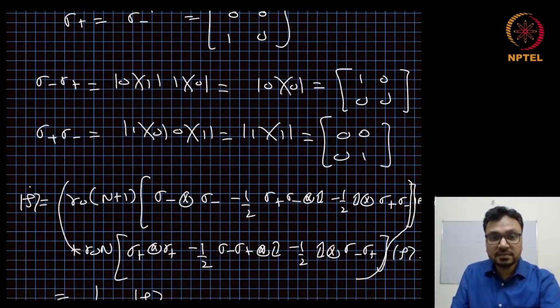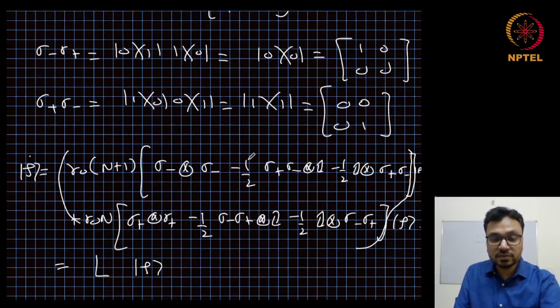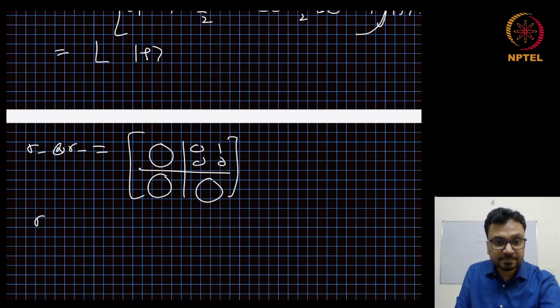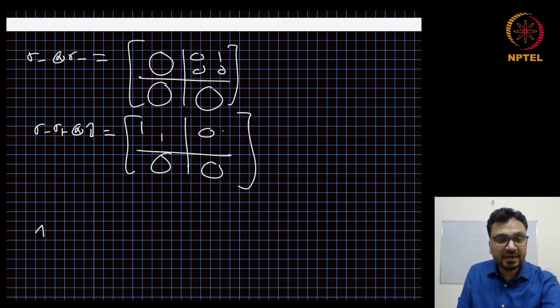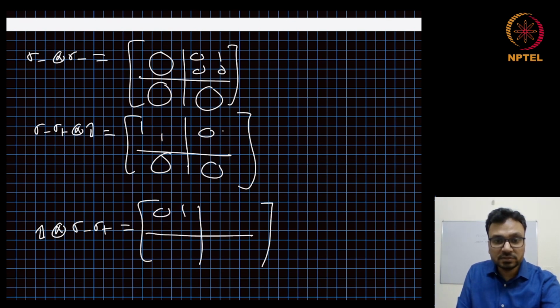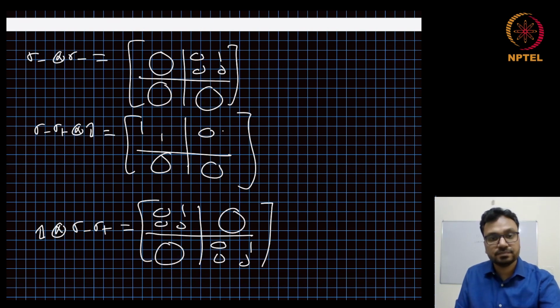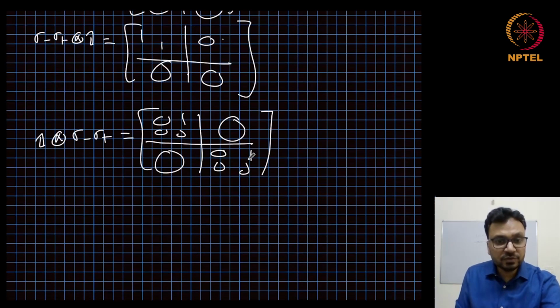Sigma plus sigma minus, sigma minus sigma plus is 1 0 0 0. So this tensor identity, and identity tensor sigma minus sigma plus will be as shown, and everything else is 0. Let us calculate the others also.